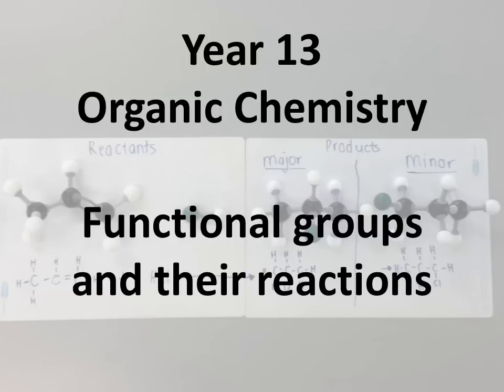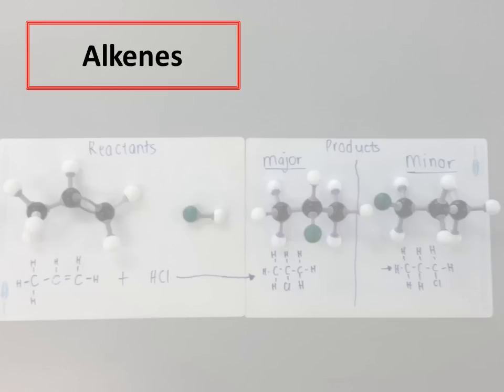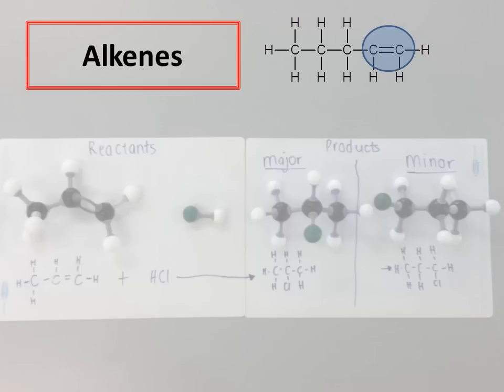Okay, let's look at the first functional group, that's alkenes. The first important thing about alkenes is that we've got this double bond functional group. So any organic compound that has the double bond between two carbons is going to be an alkene.